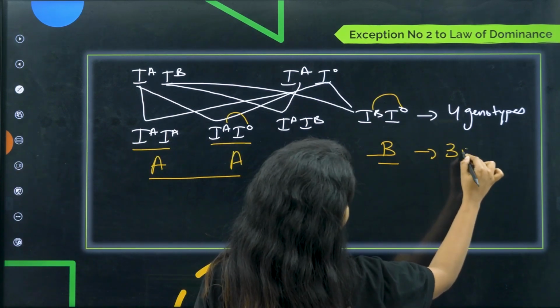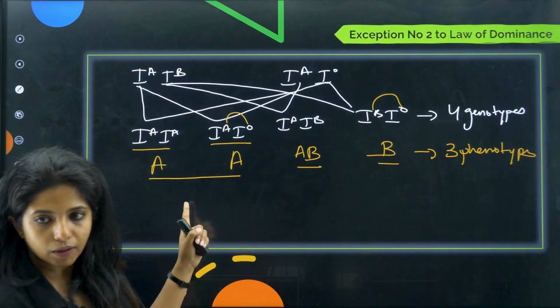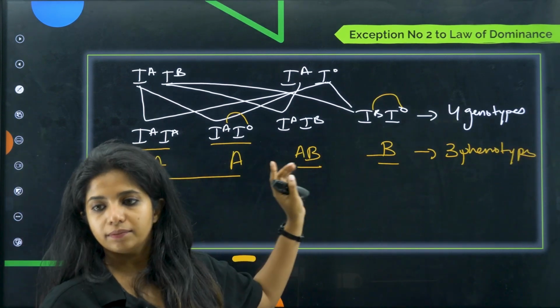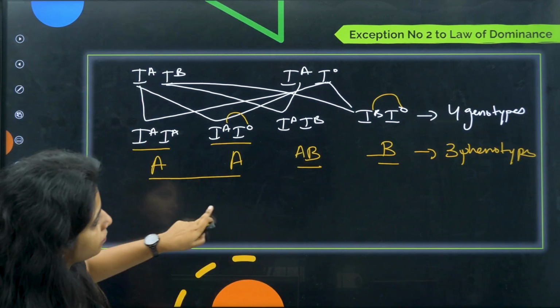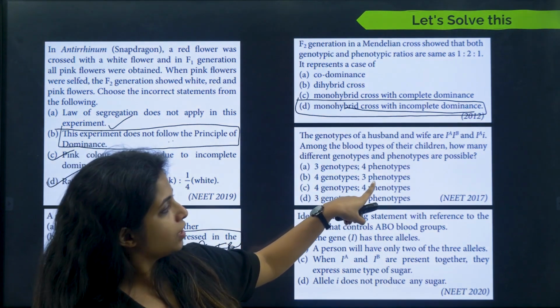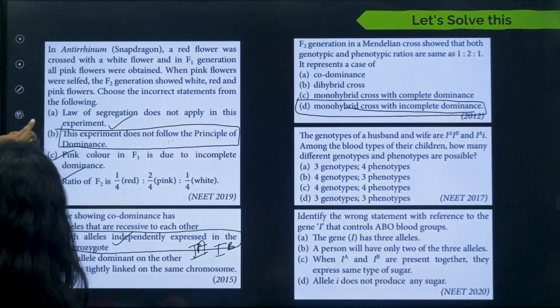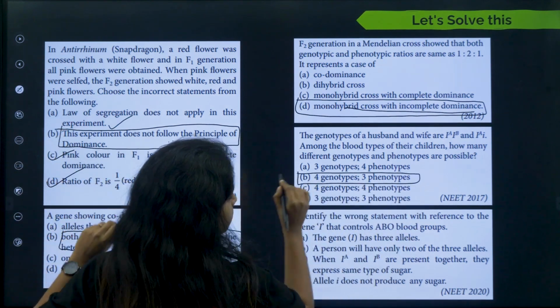So we have 3 phenotypes. Calculate this to be 1 only because it's the same thing, no? A blood group. So 1, 2, 3. 3 phenotypes, 4 genotypes. Let's see what matches our answer. 4 genotypes, 3 phenotypes. That is the answer, my darling children. So over here, please put.